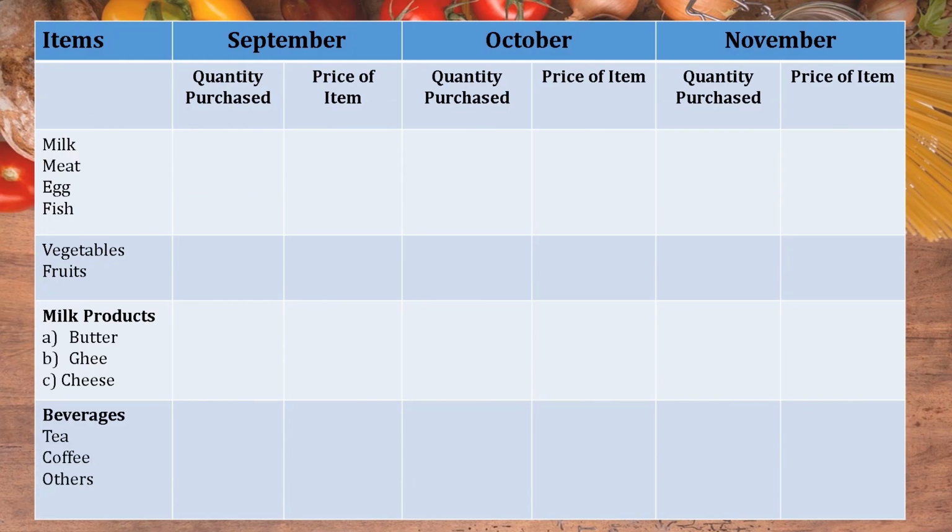This will also give you an idea about where you have overspent by either consuming more or paying more, and whether your family has been able to obtain all the needed nutrients or not. So here is the complete proforma, which is spread over 2 slides. You can also refer to your manual for this activity.